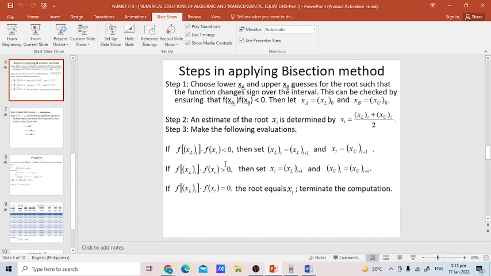Pag positive, greater than 0, x sub L i plus 1 is equal to x sub i. Okay? Baligtad. Baligtad naman kasi positive eh. Tapos yung x sub U i plus 1 equals to x sub U i. Okay, positive siya. In short, ganito lang yan.